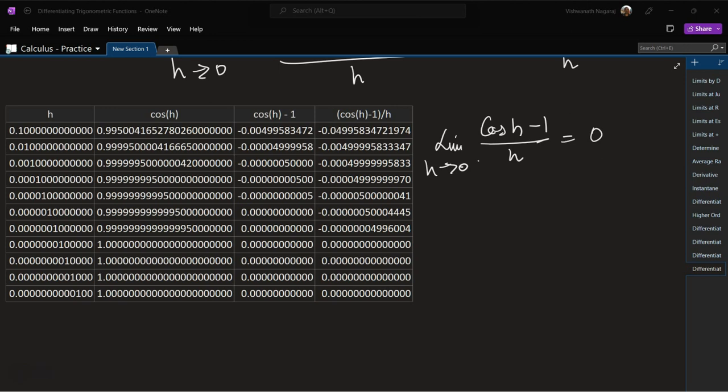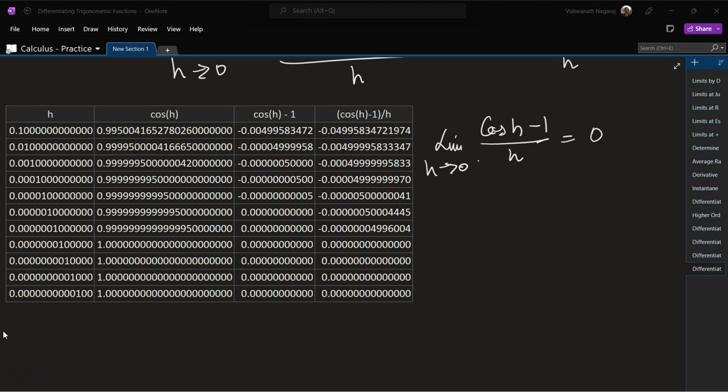As h goes towards 0, cos of h goes towards 1. Cos of h minus 1 goes towards 0. So when you divide cos h minus 1 by h, the denominator, however small it gets, still has some value. So when we divide it, it will go to 0.